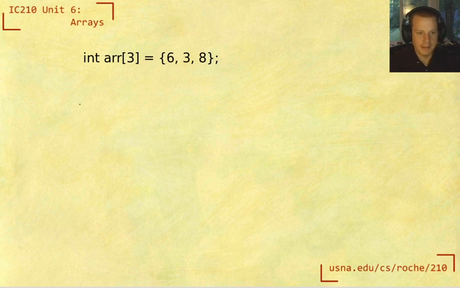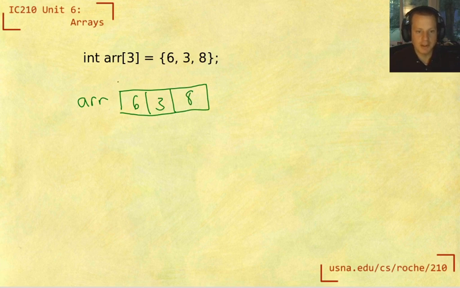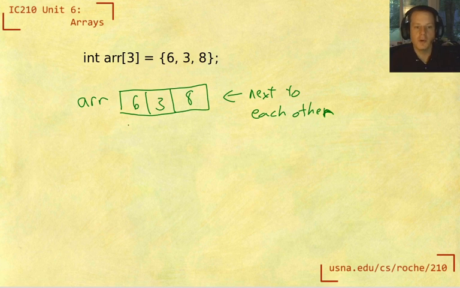Well, we have a single variable that's called arr, and when we draw arrays, instead of just drawing one box, we're going to draw a rectangular box with multiple parts of it, and then we put the 3 values in here, like 6, 3, and 8. And the reason why we draw it like this is because those are actually together in memory, next to each other. So we don't know where the compiler in memory is going to decide to put these exactly, but we do know that they'll always be next to each other.